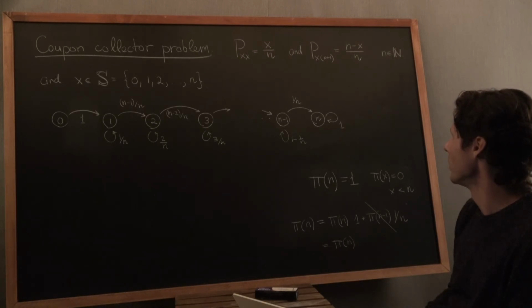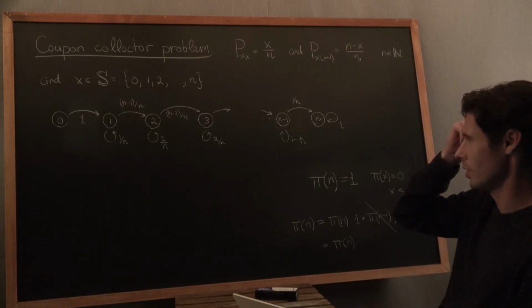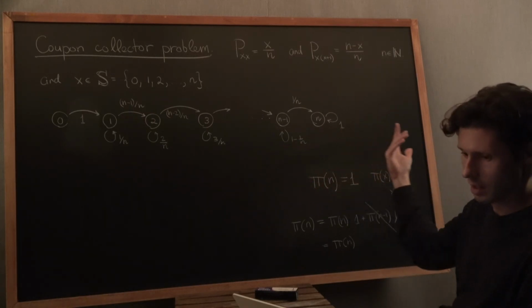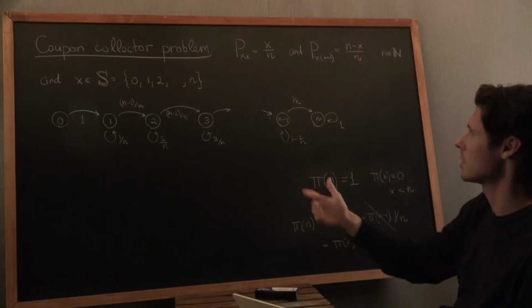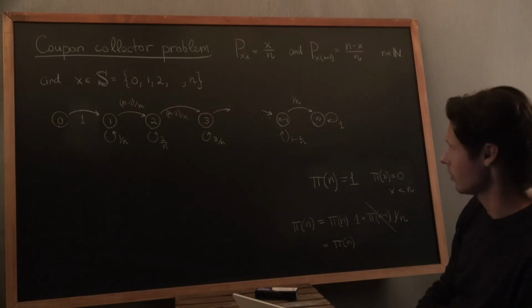Weirdly enough, you should be able to do this with the local balance condition also, but there are some caveats that we'll come back to when we look at reversible processes and the concept of reversibility, of looking at this as a movie forward in time and backward in time. We'll see whether this chain is reversible or not, and what that means.